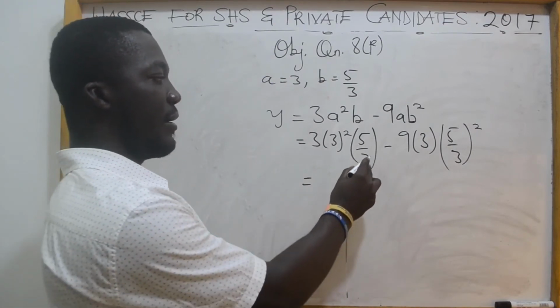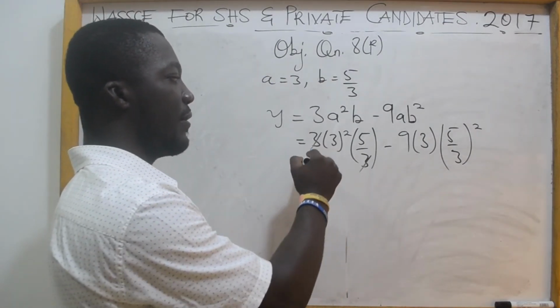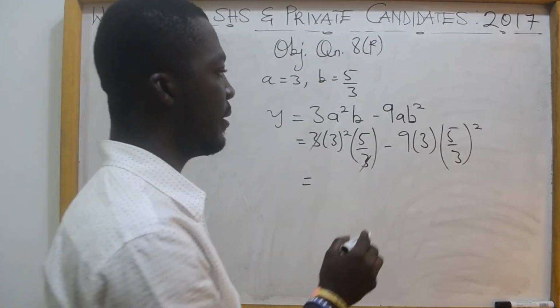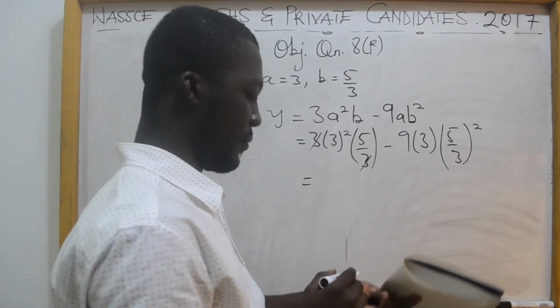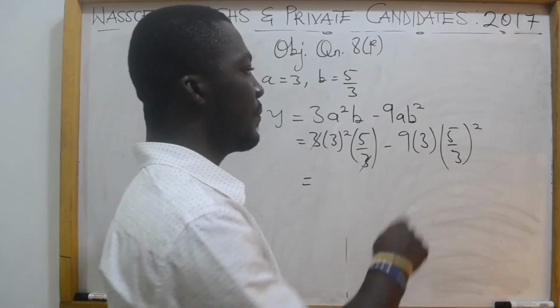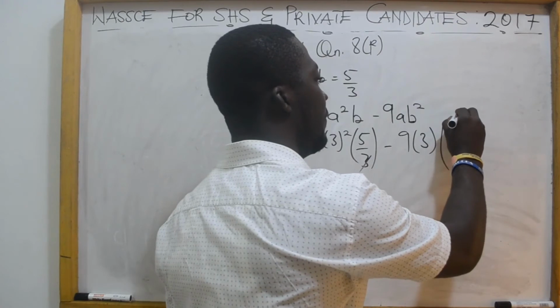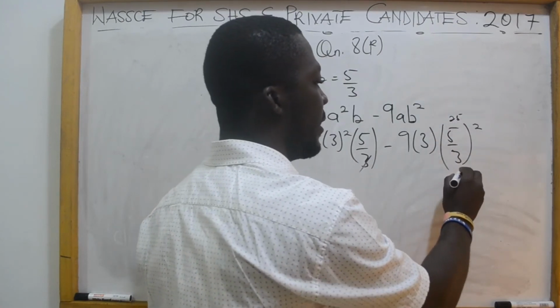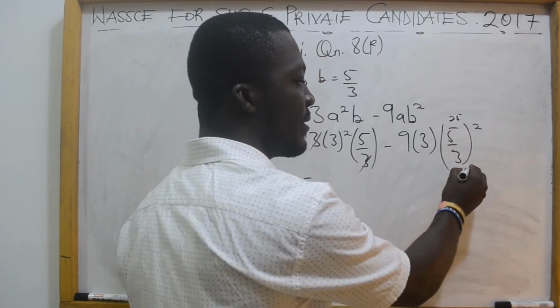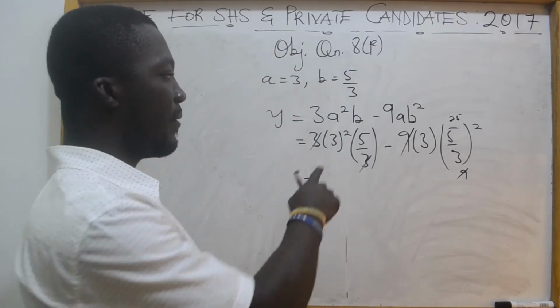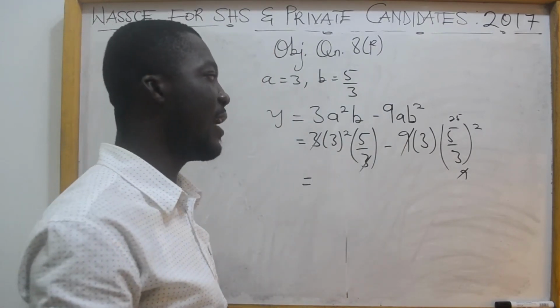Now this 3 can cancel this 3, right? Then let's go to the other side. 5 squared is 25 here, and 3 squared is 9. So obviously this 9 can cancel the 9 over there. Now 3 squared is 9.